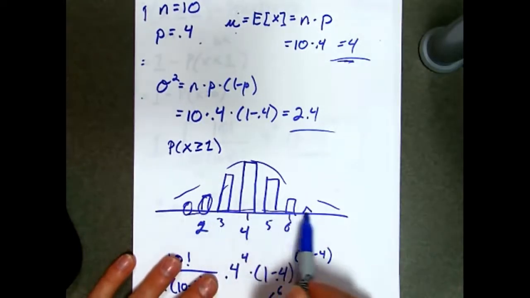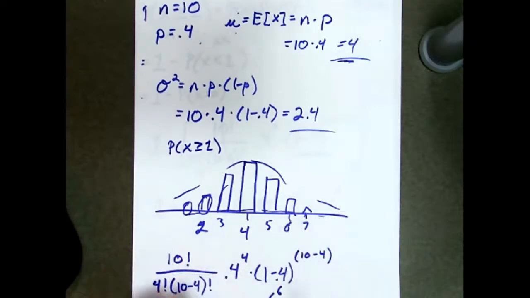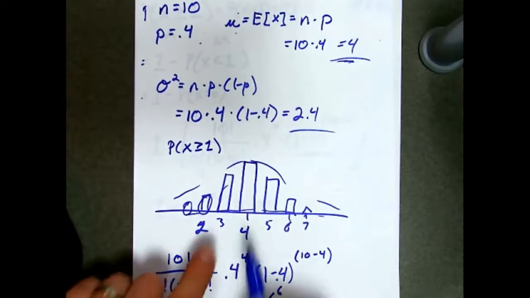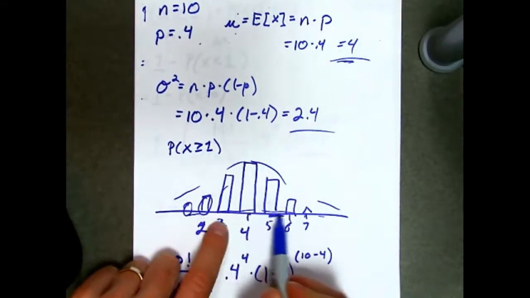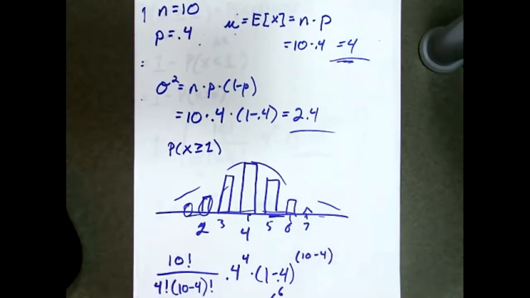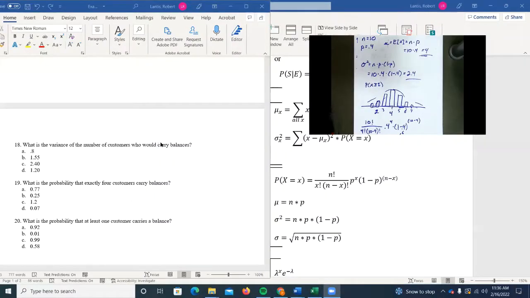If I added up all these probabilities, that's every possible outcome except for 0. Also, it includes the most likely outcome and values right on either side of it. So this is going to be a very high probability. Right away, I should be thinking this is going to be pretty high, probably close to 1. It's adding up the probability of every possible outcome other than 0.